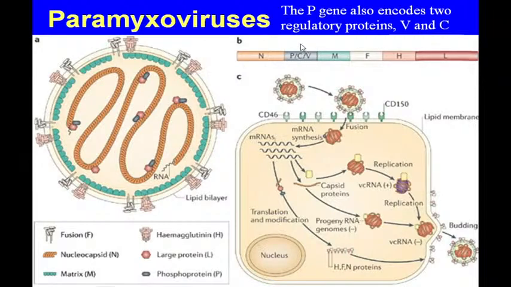And also the protein that is encoded in this fragment, that is phosphoprotein, and non-structural proteins. So altogether we have 1, 2, 3, 4, 5, 6 structural proteins in this virus. Okay? And what is important?